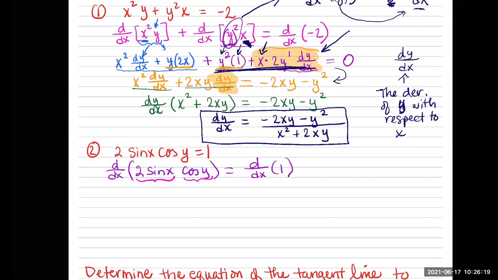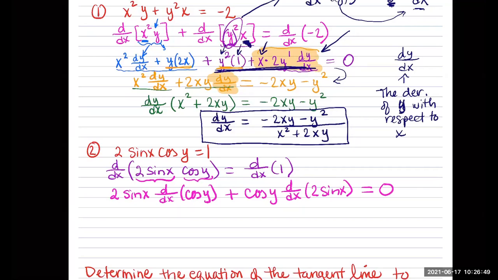So the product rule says that you take the first one times the derivative of the second, plus the second one times the derivative of the first. And the right-hand side, of course, is easier because the derivative of a constant is 0, so I just get a 0 over there.